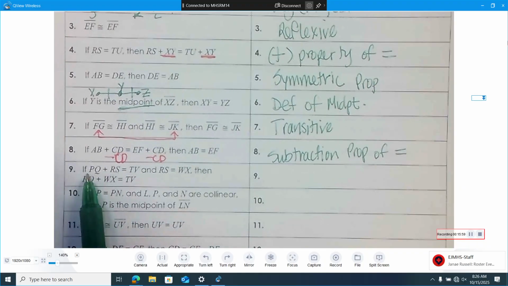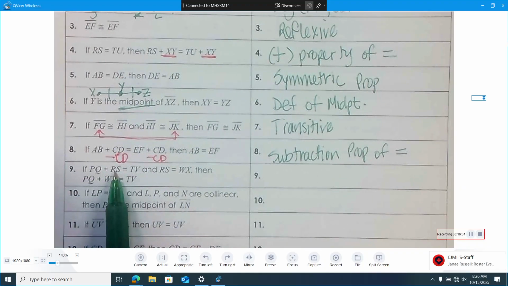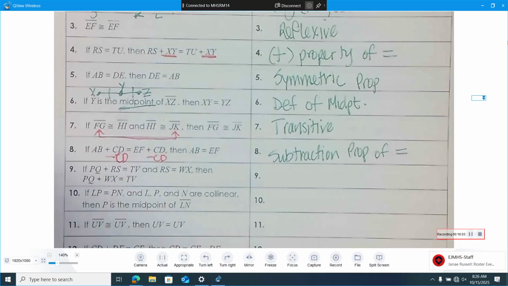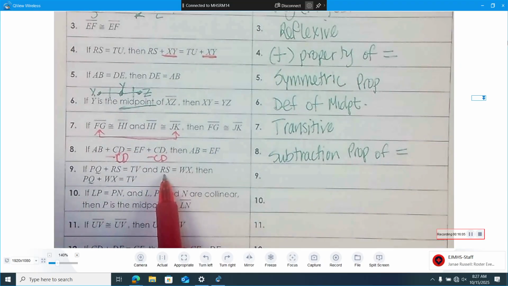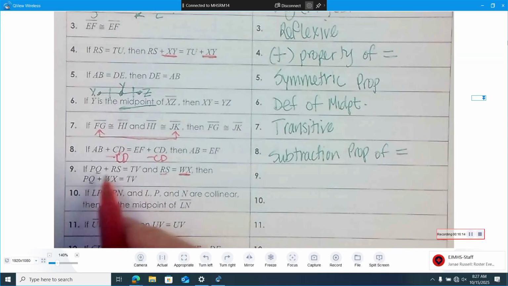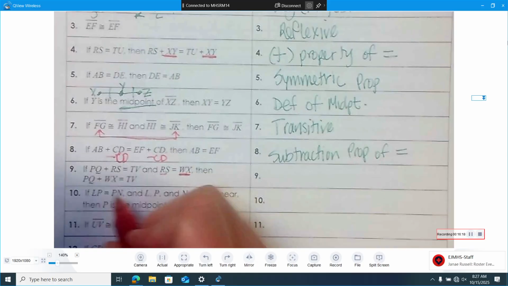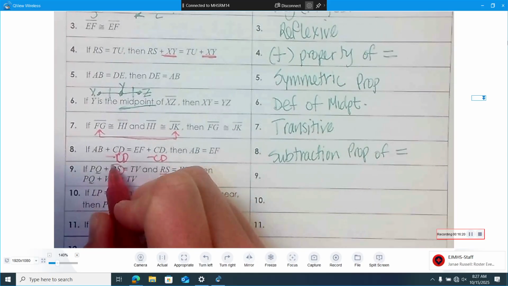Okay, I have this good statement here: PQ plus RS equals TV. But I also know that RS is the same as WX. And so they took the same thing, but what changed? Yeah, they substituted.